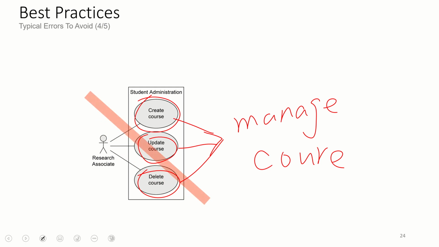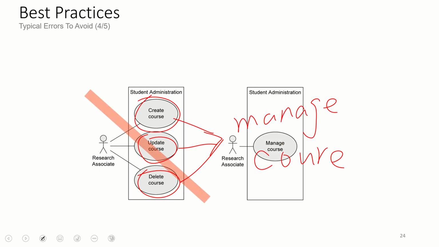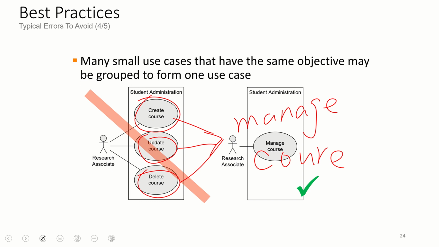This is a problem. Most commonly, those things are small pieces of the functional requirement, but they can be categorized into one high-level use case, which is manage course. People may misunderstand and ask why we need to group them into one use case. That's wrong.